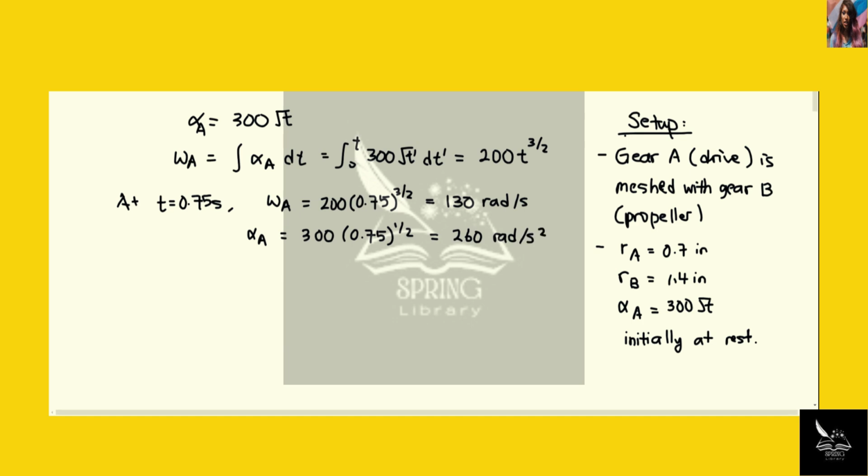Since B is meshed with A, omega B RB equals omega A RA, or similarly for the angular acceleration, alpha B RB equals alpha A RA.